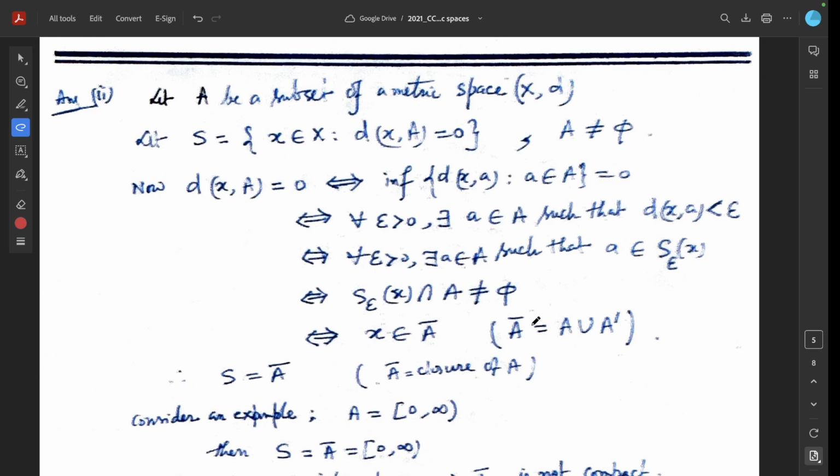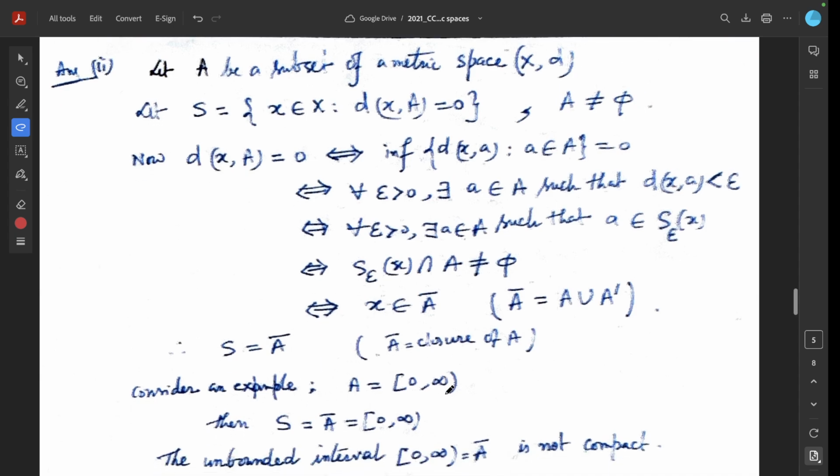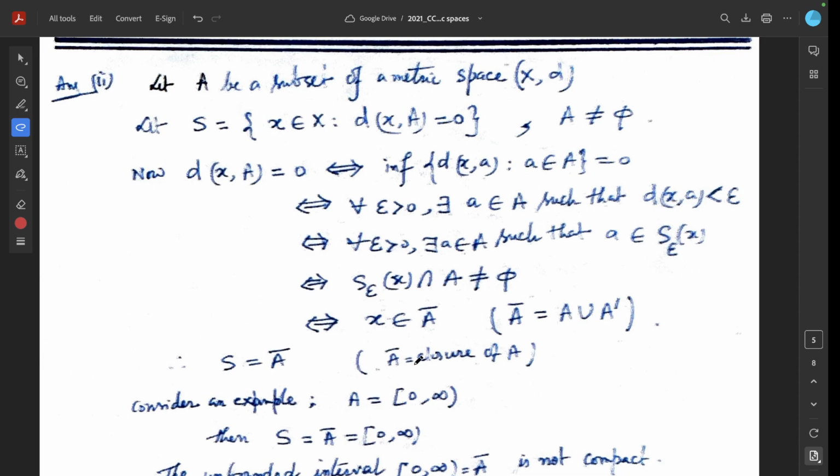A bar is A union A dash, the set A union the set of all limit points, the derived set. So this is the closure. Obviously S equals A bar.